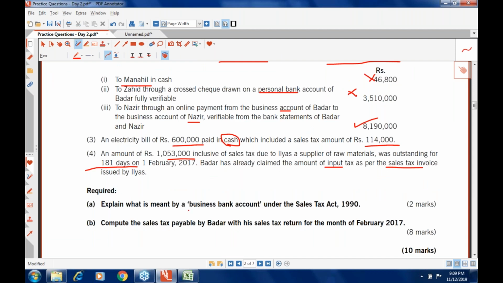It says, explain what is meant by a business bank account under the Sales Tax Act 1990.